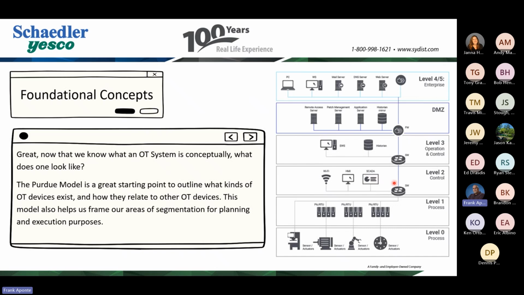The next level up is level 2, and that's where we have things like the start of our network infrastructure. We have an HMI, which is a human machine interface, and that is typically the computers that our operators will use to start and stop individual pieces of equipment. Maintenance folks will use it to calibrate sensors or calibrate a servo position, something like that. We use it to start batches, those sorts of things. And then we have SCADA, which is similar but higher level.